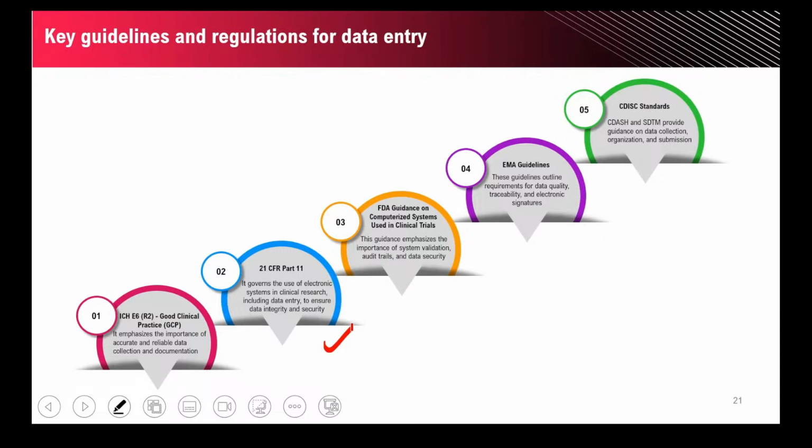It governs the electronic system use in clinical research, which includes data entry, to ensure data integrity and security. We also have the FDA guidance on the computerized system used in clinical trials. This guidance emphasizes the importance of validation of the system, audit trails, and security of the data.